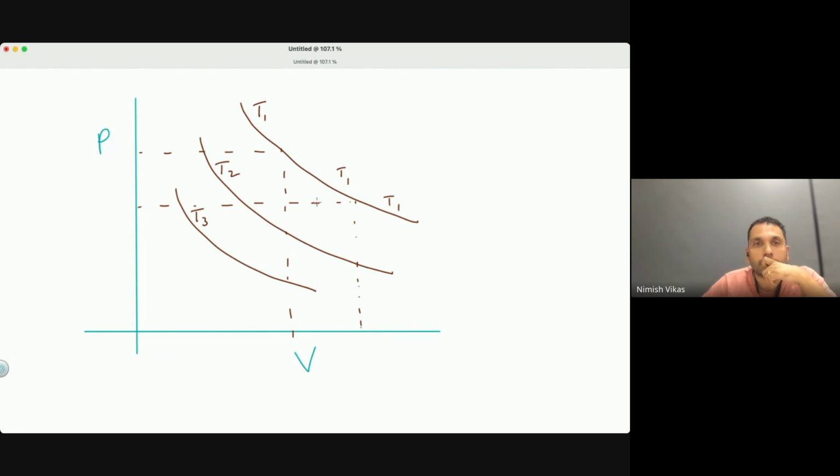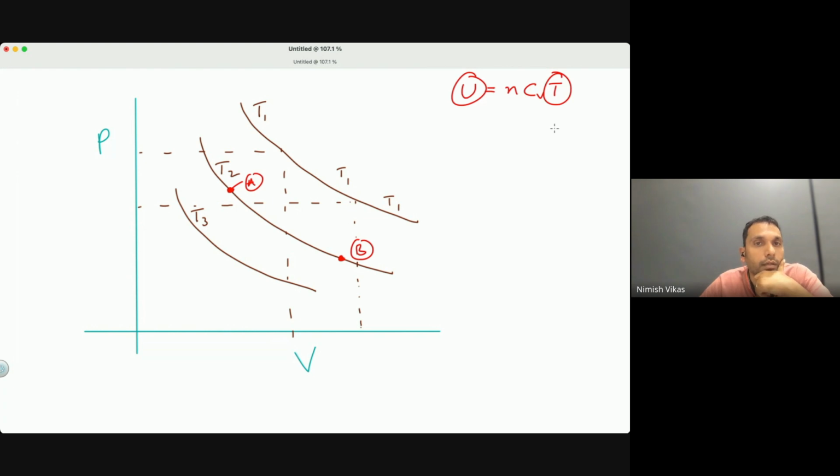Just to test you, is the internal energy at point A more, or the internal energy at point B more? Same. It's the same, right? Internal energy is a direct reading of temperature. Same temperature and same internal energy.